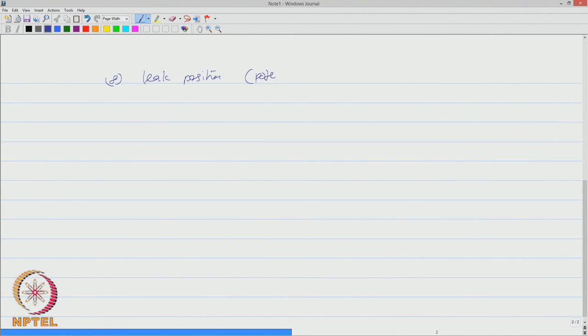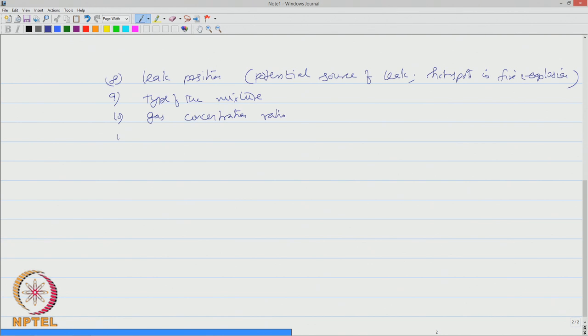Let us say the potential source of leak, otherwise called hotspots in fire and explosion. Type of the mixture and gas concentration ratio, gas or oil temperature.